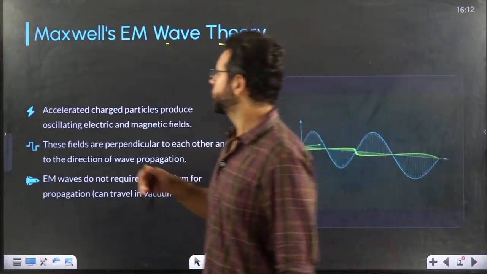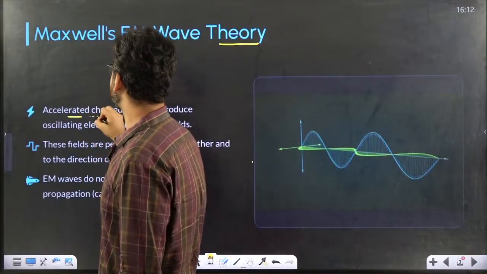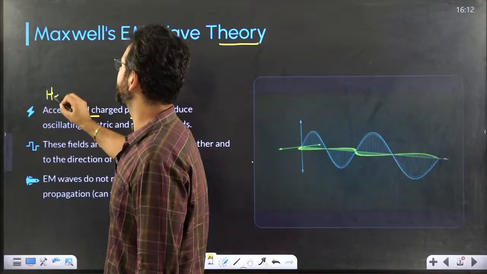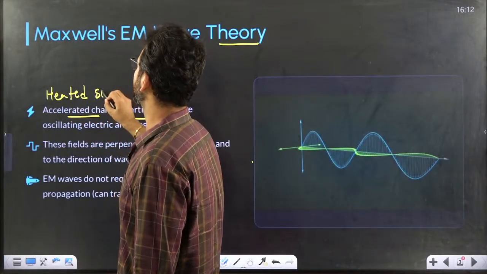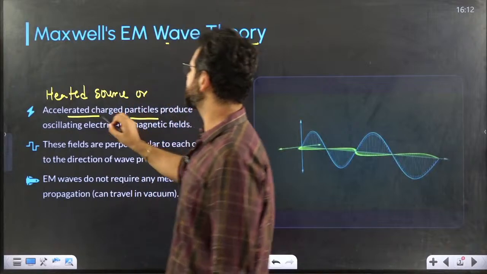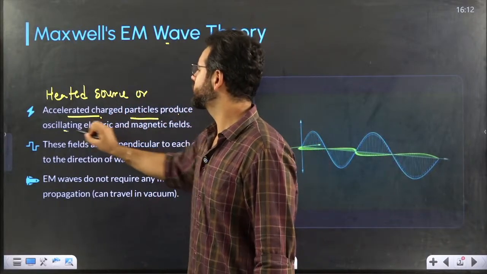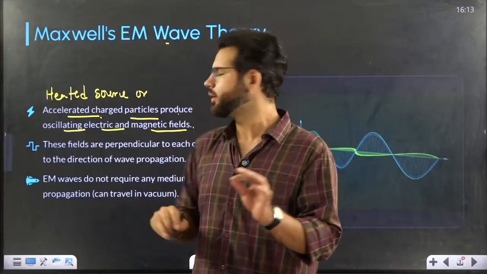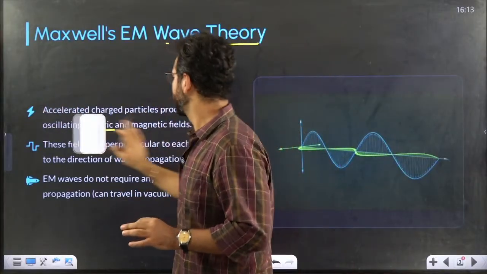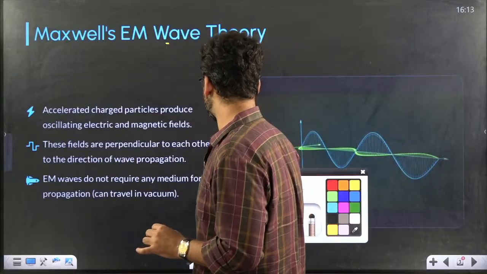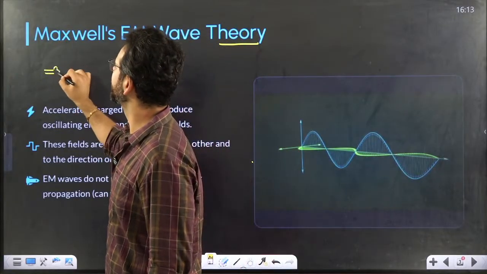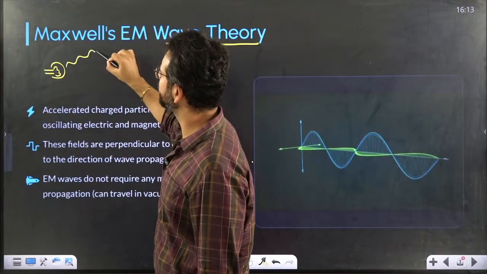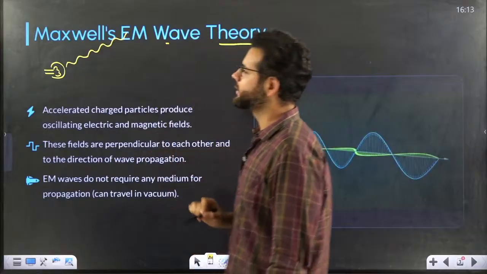Okay. So number one, accelerated charged particles or any heated source produce oscillating electric and magnetic fields. Whenever any source is heated, let's say I heat a tungsten filament, from here it will release energy continuously in the form of waves, is what Maxwell is telling.